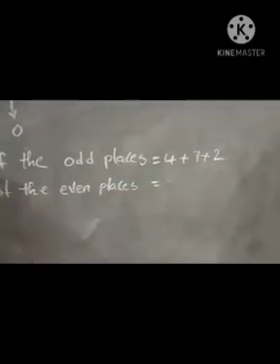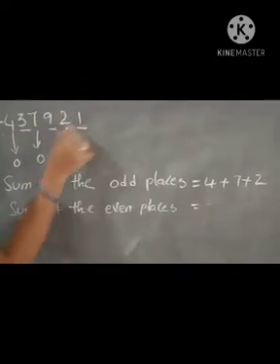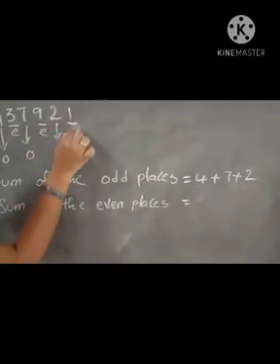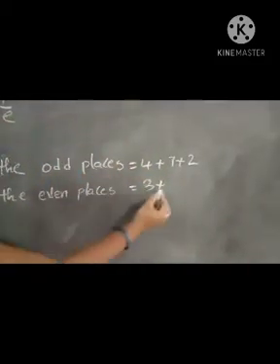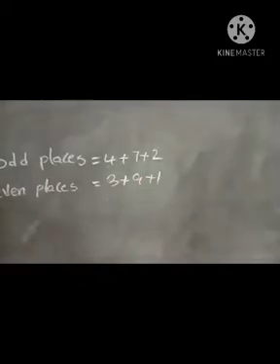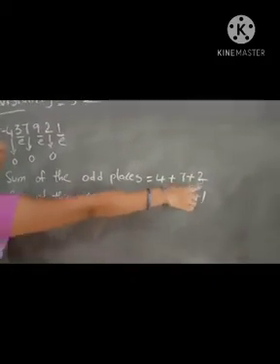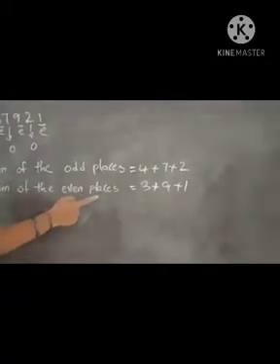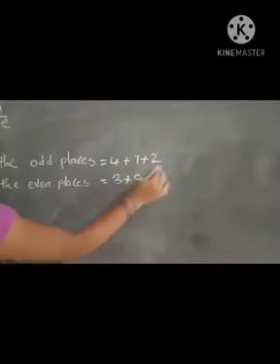Already we wrote the odd places, now again remaining numbers are even places. These are the even places: 3 plus 9 plus 1. Now sum of the odd places is 4 plus 7 plus 2 and sum of the even places is 3 plus 9 plus 1. Now we have to calculate the number here.